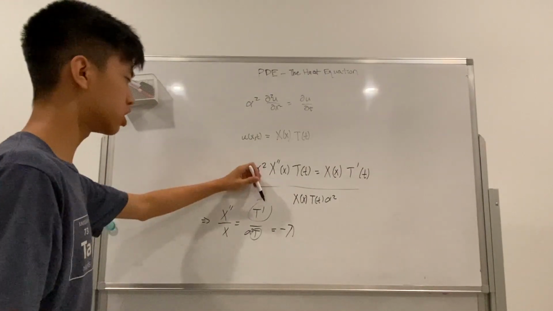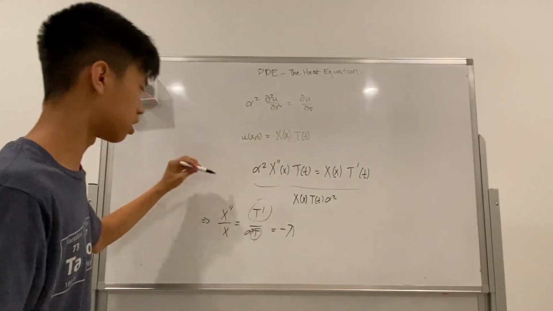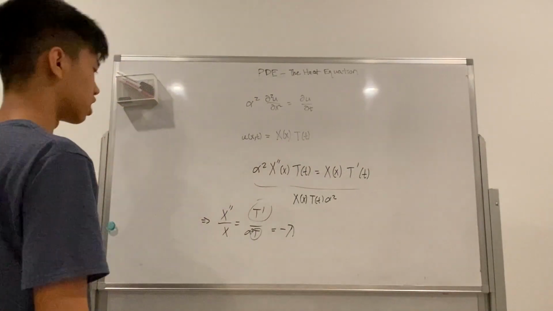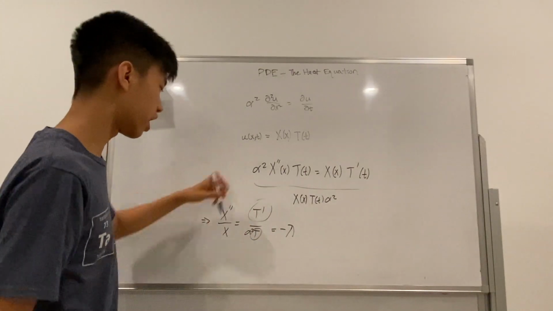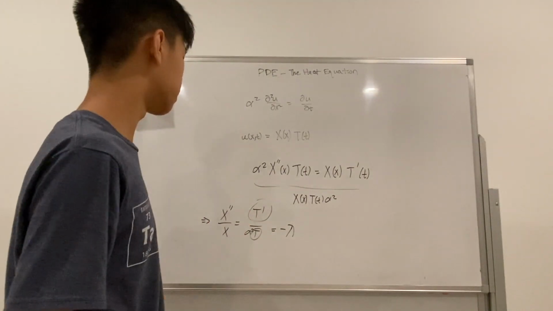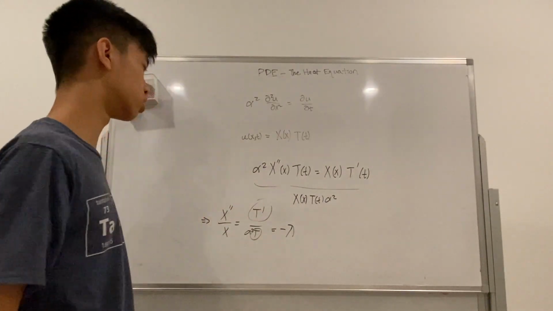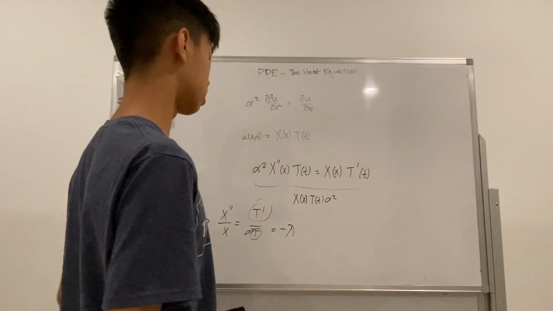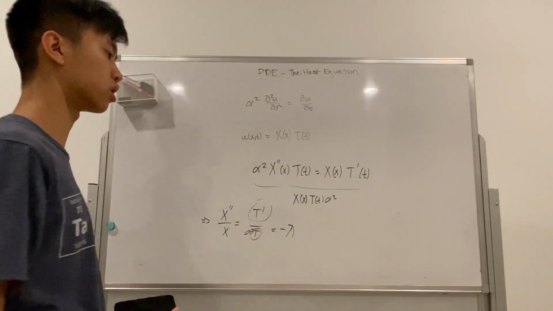So if you change either of these, you'll be changing this right term, but if the left term never changes, then the equality is violated, so it becomes an inequality and is not valid. Therefore, both of these have to remain constant, and that constant that they equal is negative lambda. And you'll find out why I used negative lambda instead of positive lambda later.